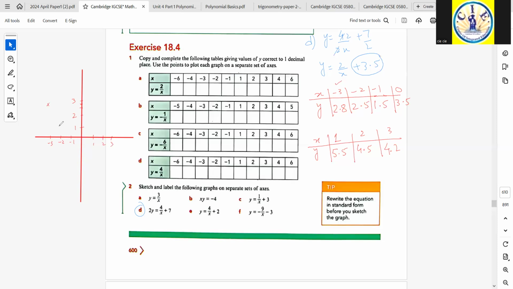So this is the point. -2 corresponds to 2.5. This one, negative 1 corresponds to 1.5 here, and then 0 corresponds to 3.5.